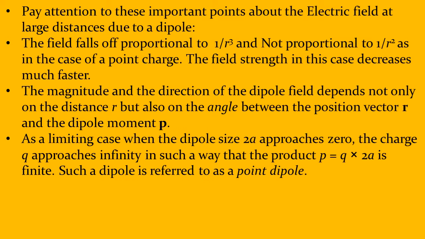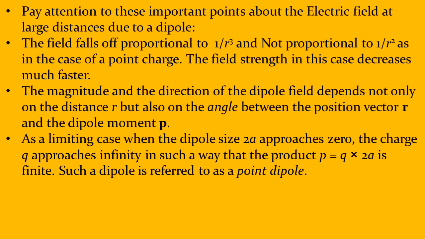Correct? As a limiting case, when the dipole size, which is 2a, becomes smaller and smaller and approaches 0, and q becomes bigger and bigger in such a way that the product p, which is equal to q into 2a, is finite.